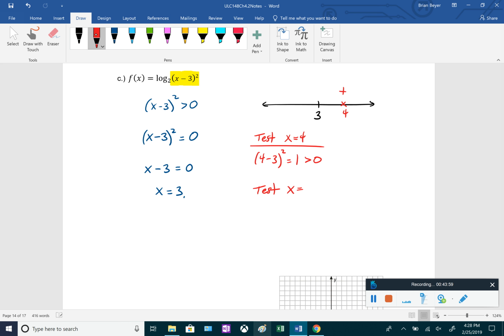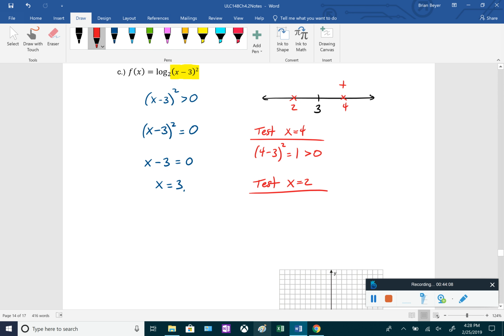And then I'm going to test something to the left of 3. So 4 was to the right of 3. I'm going to test something to the left, which would be something like 2. You could plug in a 1 if you want also, it doesn't matter. So plugging in a 2, 2 minus 3 squared, that equals negative 1 squared, which is actually positive 1, which is also positive.